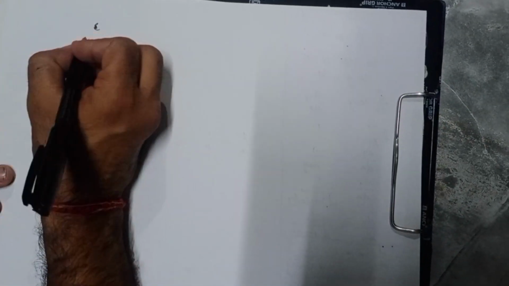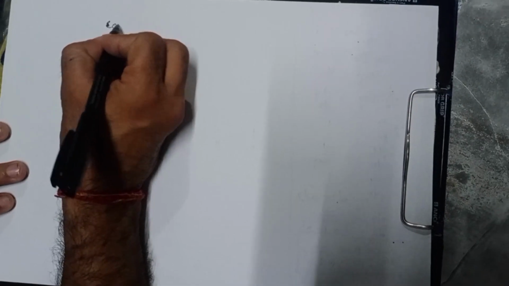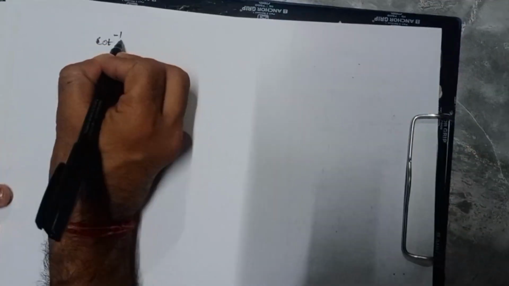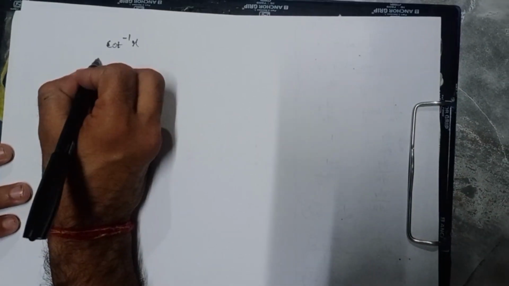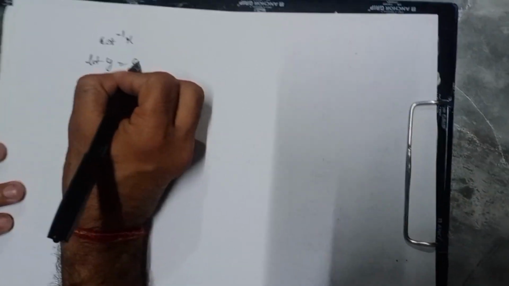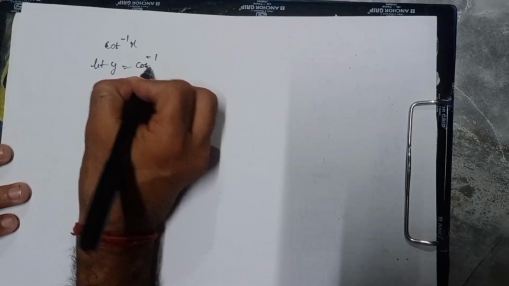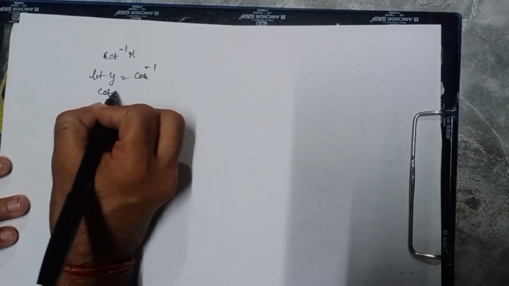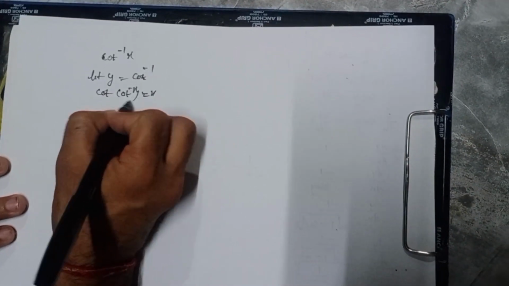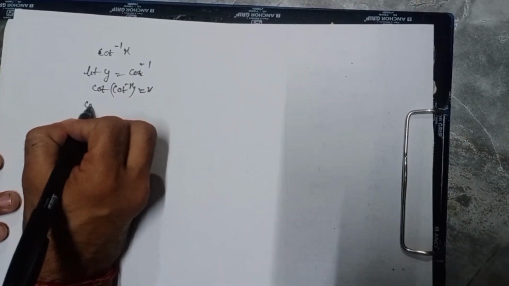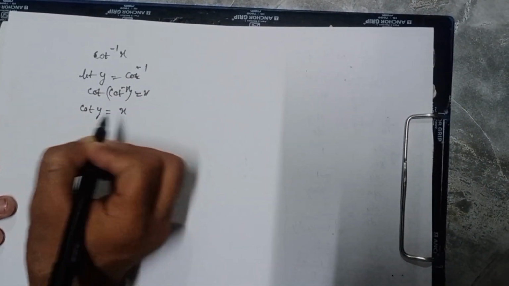Good evening, students. Today we'll learn about the differentiation of cot inverse x. Right? Let y is equal to cot inverse x. Then cot inverse x is equal to x. Again we'll take cot y is equal to x.